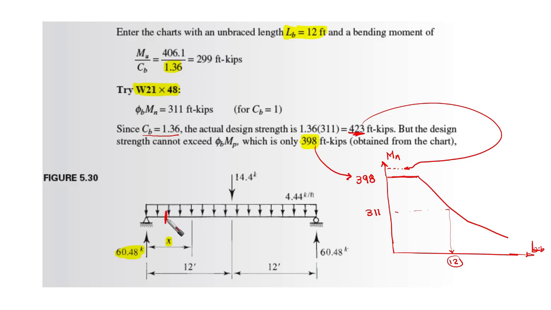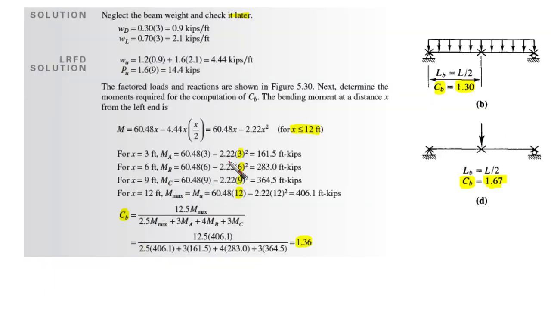At 3 meters, you have the reaction times 3 minus the distributed load times the distance, which is 3, times 3 over 2. That's it. Then you can calculate the moment at each point that you want. Here we only put it in this equation to make it easy for you to get it.